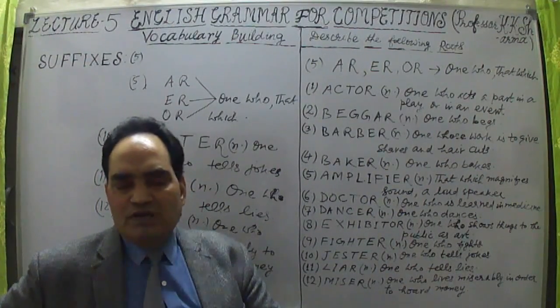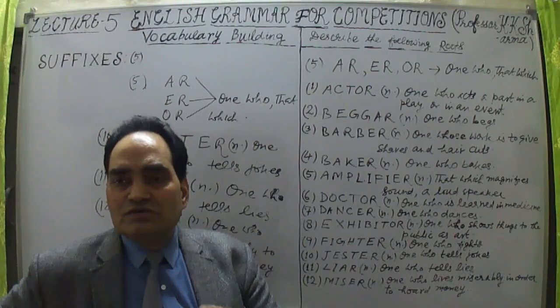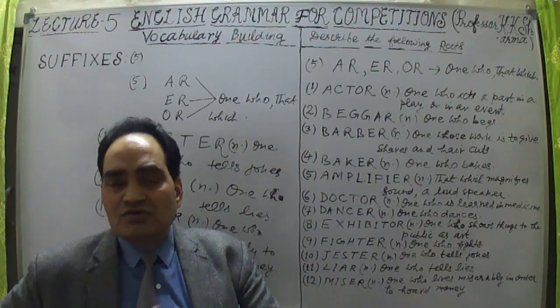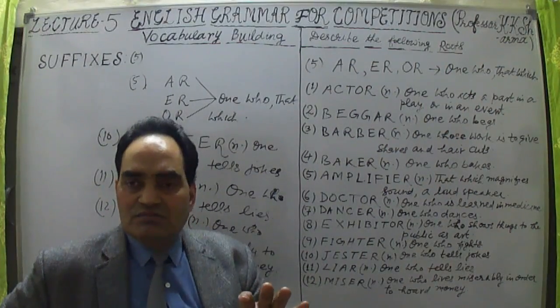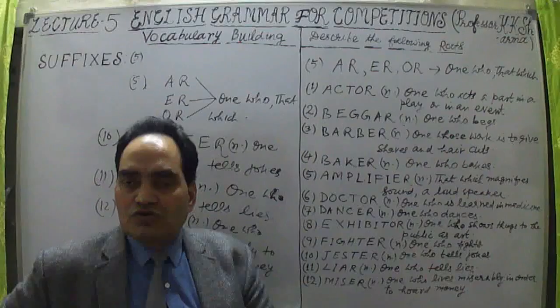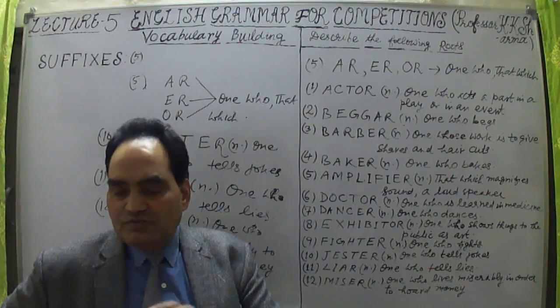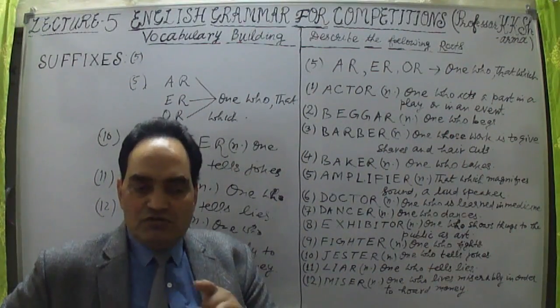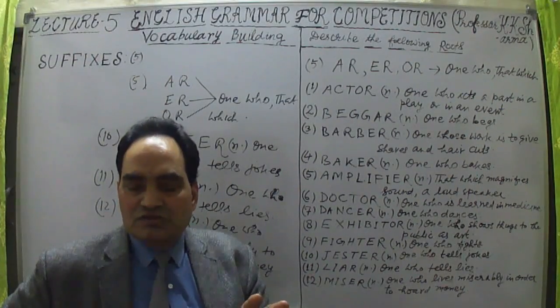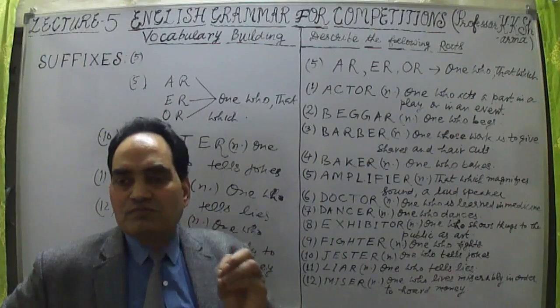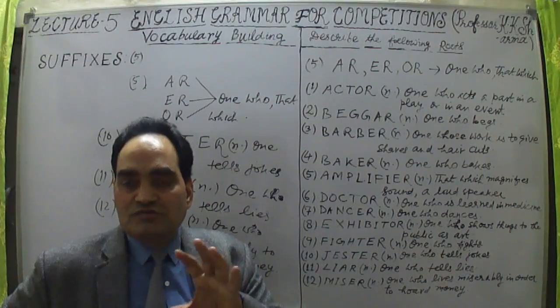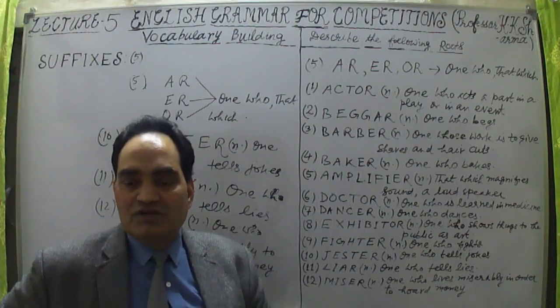As I have told you a number of times, words are not isolated symbols or figures, but they are a combination of roots, prefixes and suffixes. And if you have recognized the prefixes, suffixes and roots, then an ocean of words will open for you.